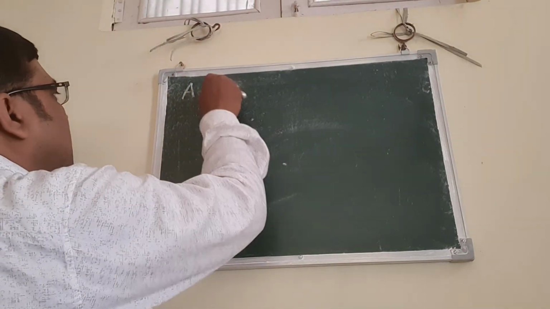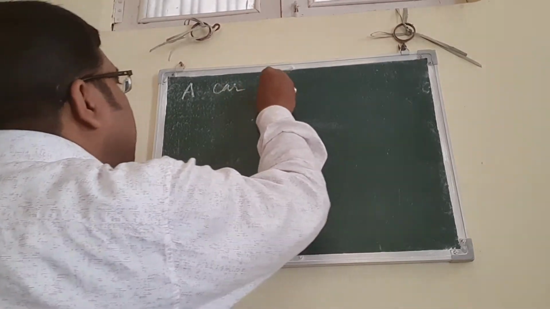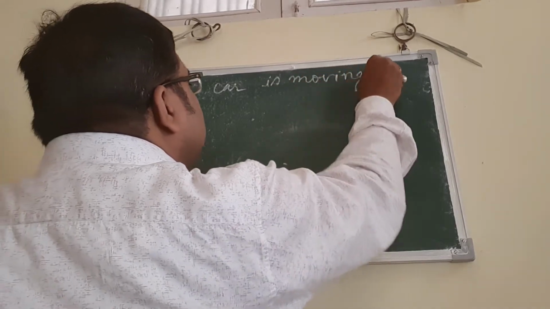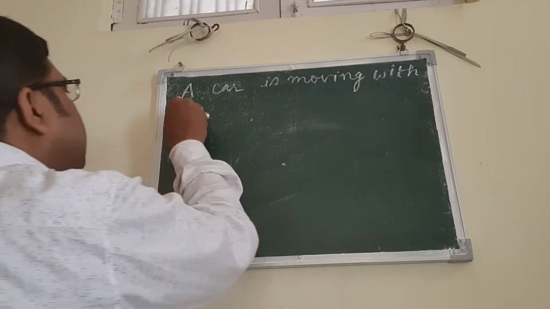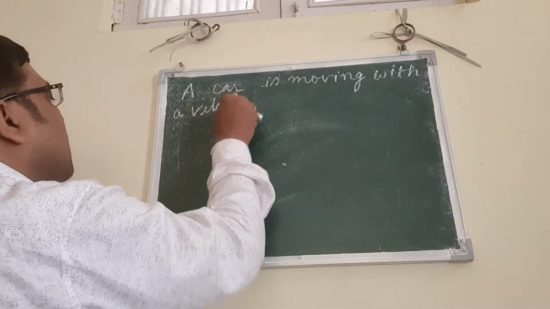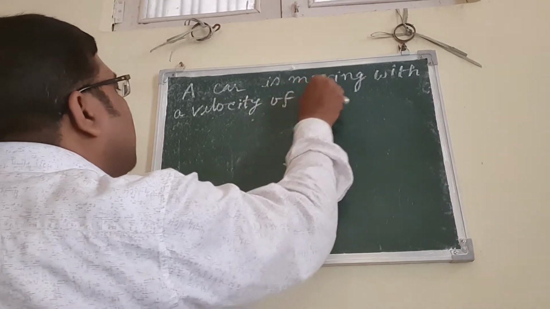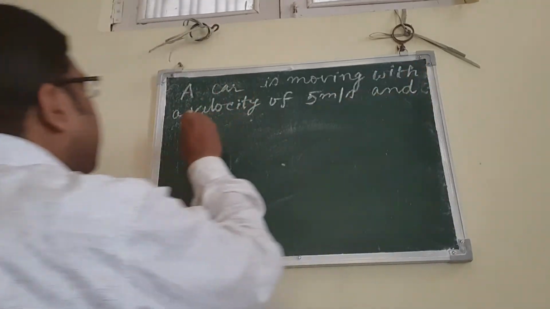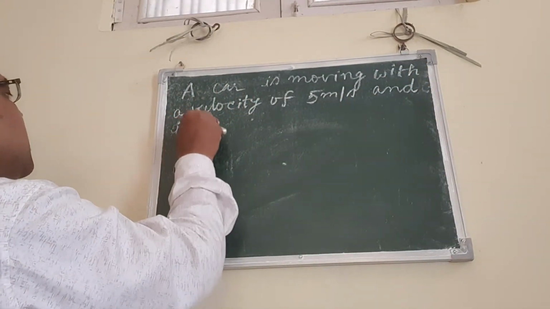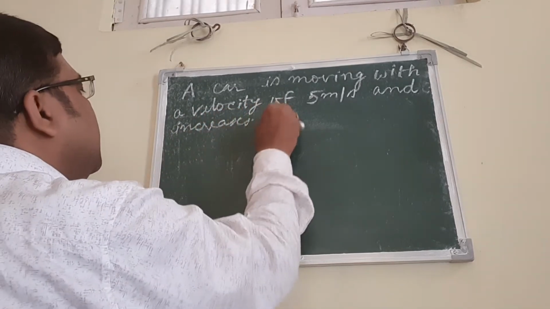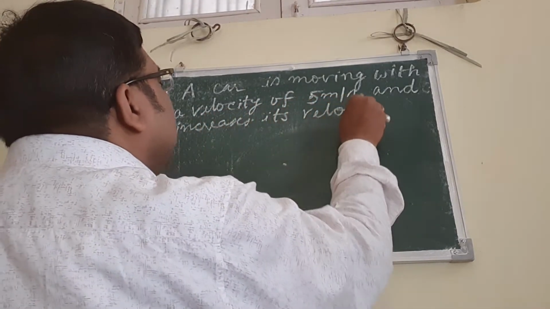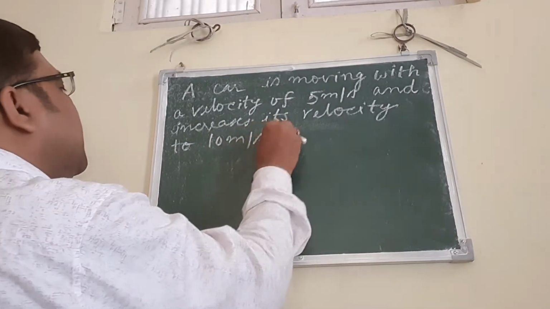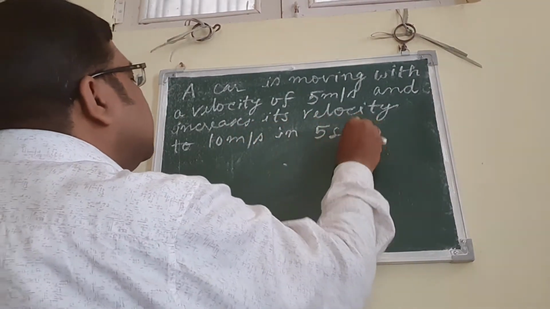A car is moving with a velocity of 5 meter per second and increases its speed, its velocity to 10 meter per second in 5 seconds.